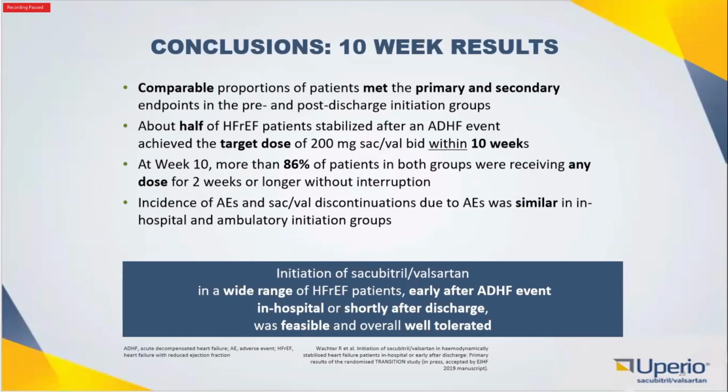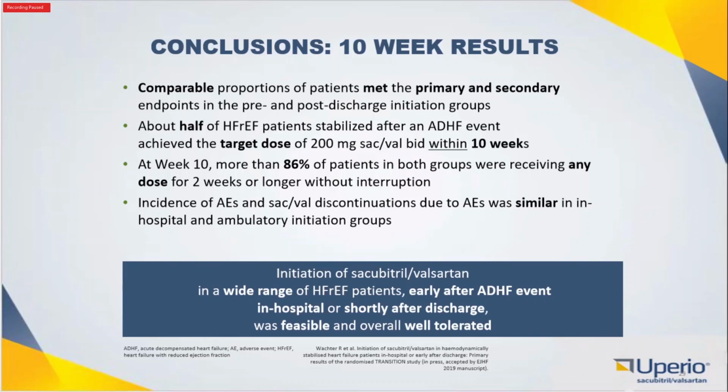So in conclusion, comparable proportions of patients met the primary and secondary endpoints, and about half of the HFrEF patients stabilized after an event achieved the target dosage of 200 milligrams sacubitril/valsartan within 10 weeks. At week 10, more than 86% of patients in both groups were receiving any dose for a period longer than 2 weeks without having to interrupt it.